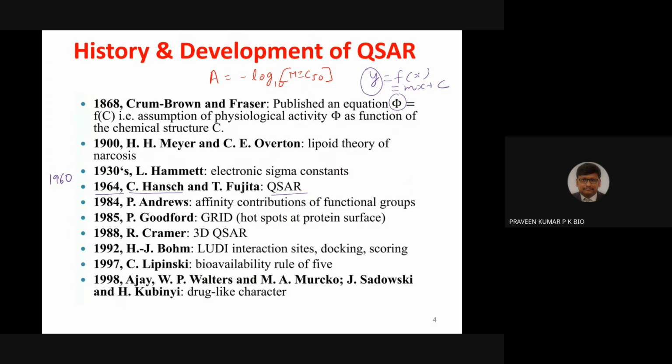Later, we place the antibiotic disc, isn't it? So based on the zone of inhibition, we are able to measure. If you measure the minimum inhibitory concentration 50 and take the negative logarithm of this, that's what we predict as the activity for that antimicrobial drug or compound.